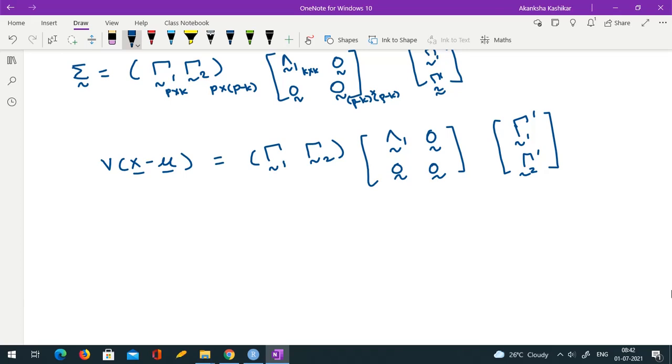Now let us go back to PCA theory. What did PCA tell me? PCA told me that I could have my PCs. Okay, so let y be the principal components computed from sigma after centering.